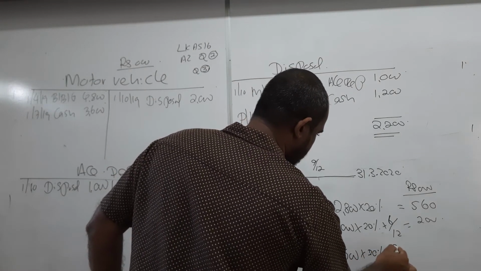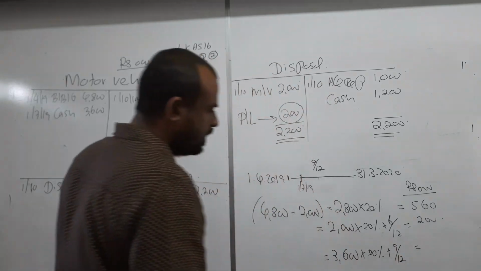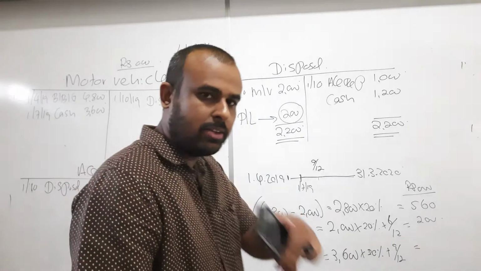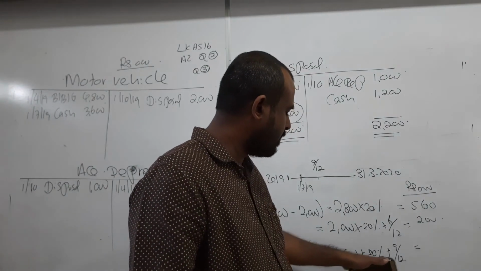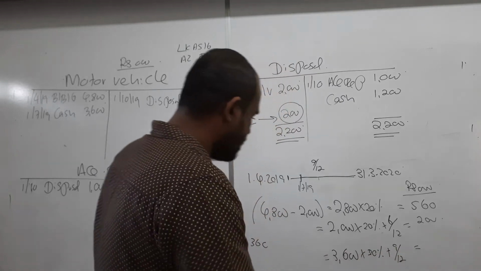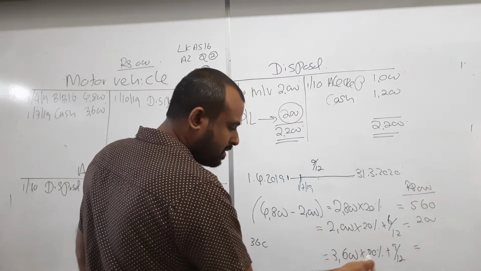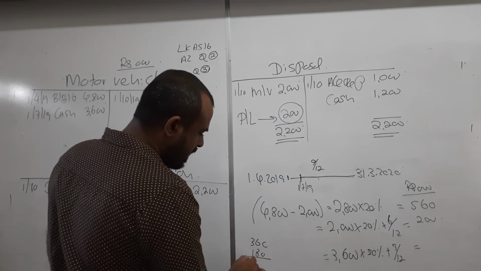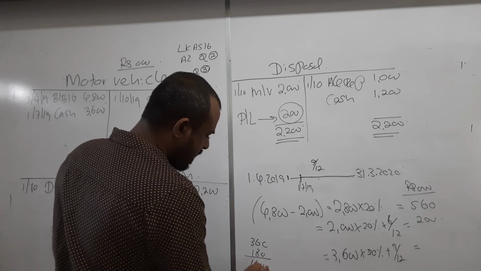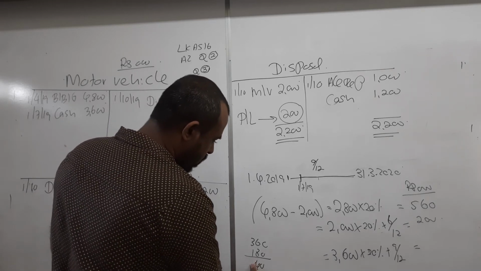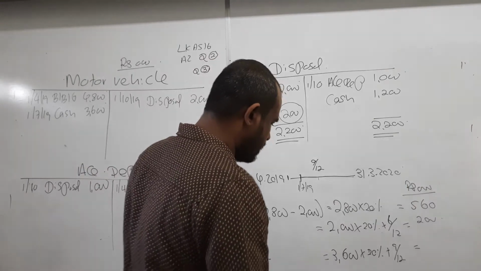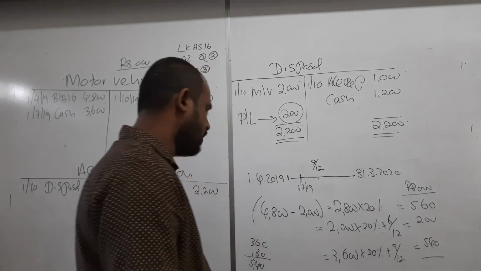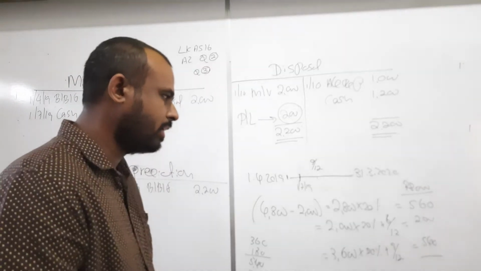Rate of depreciation 20% for the period of 9 months. This is 15%. You can use the calculator, right? 3.6 into 20% into 9 over 12 means 15%. So for 1 year depreciation 10% is 360, 5% is half of this, which is 180, so it is 540. Annual depreciation for the newly purchased asset is 540 during the year.